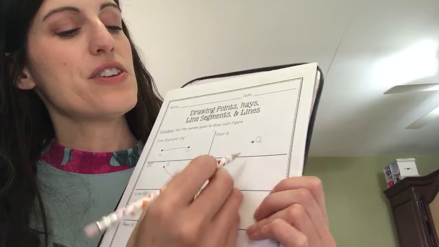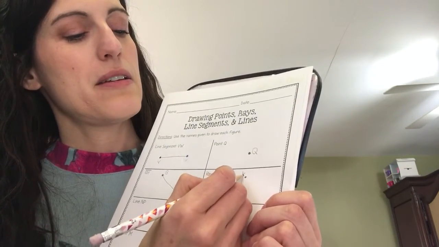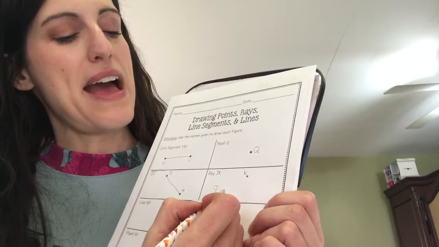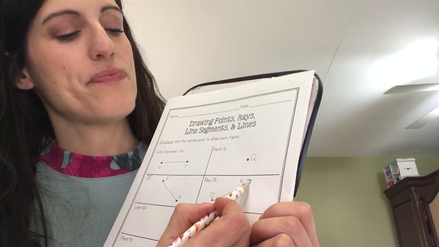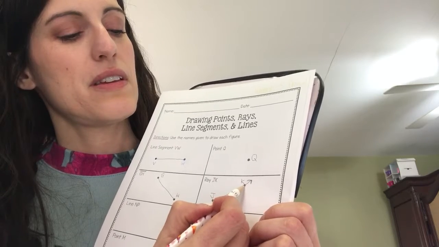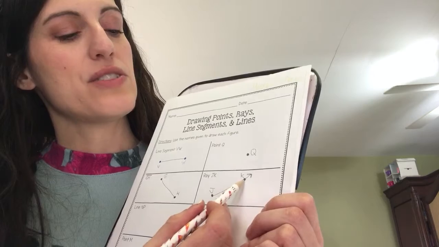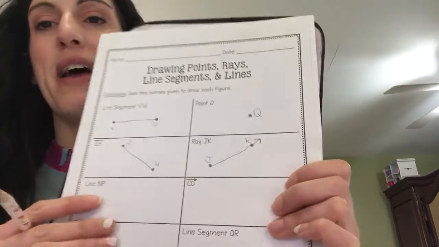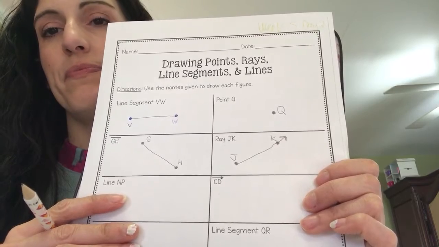And it's going to go to K, but it's going to go past, it's a ray, so it's going to go past K. Okay, it starts at J, but it's going to go to K and past K. That's a ray.